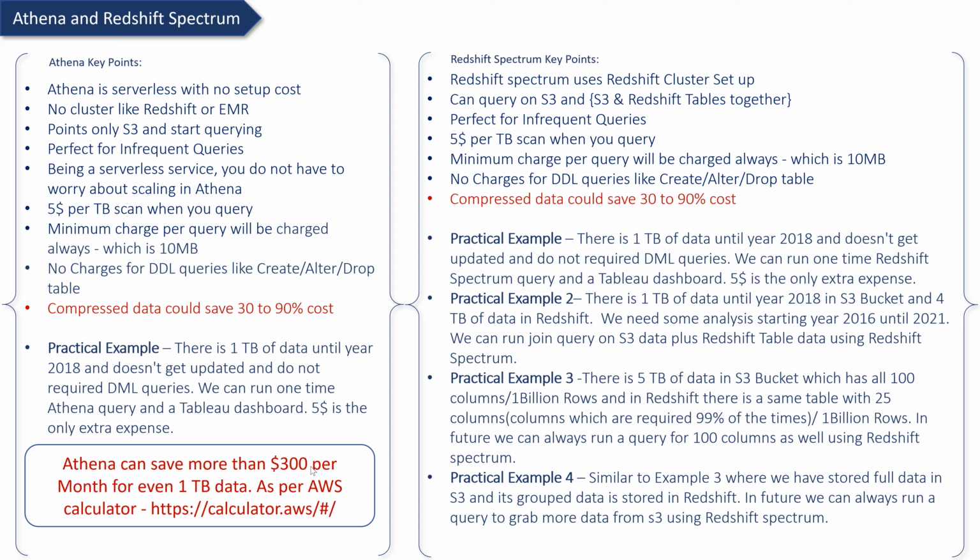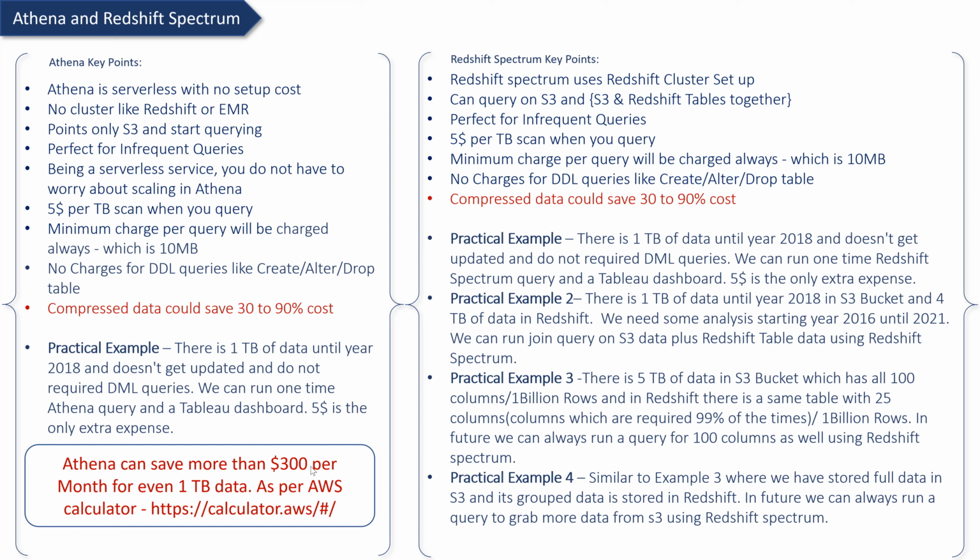And in Redshift, there are a lot of examples. The first example is the same, and in the second example, there is 1 terabyte of data up to year 2018 in an S3 bucket, and 4 terabytes of data in Redshift.